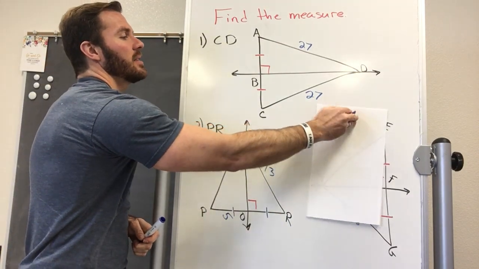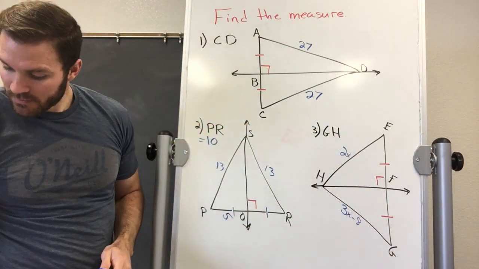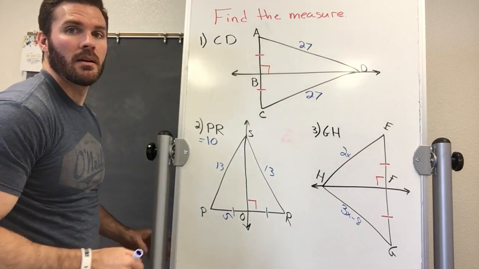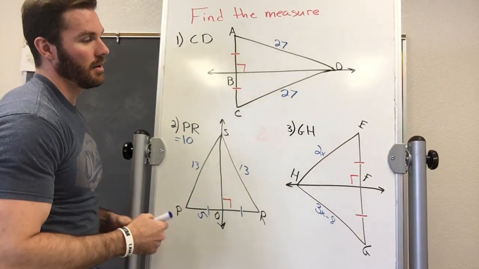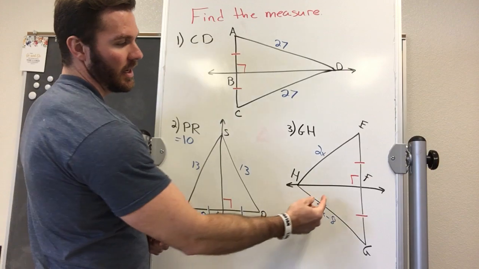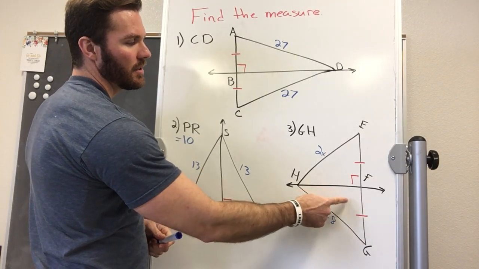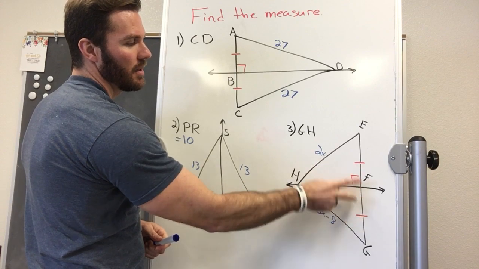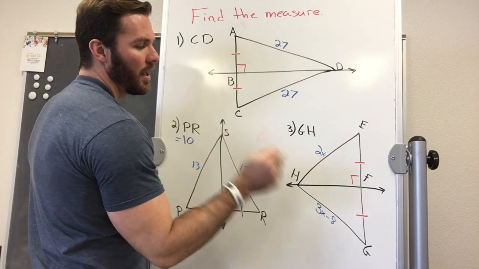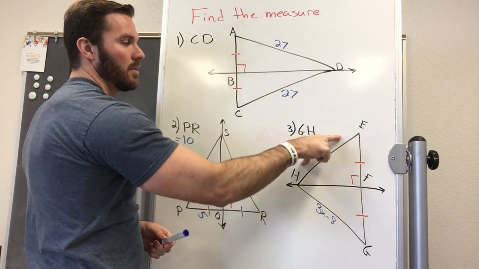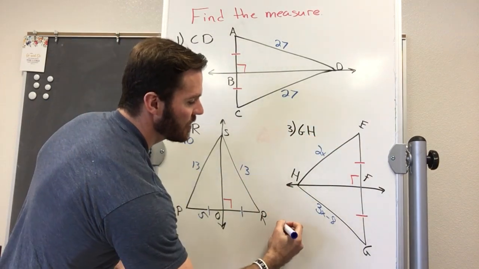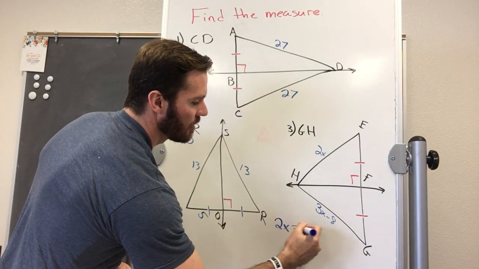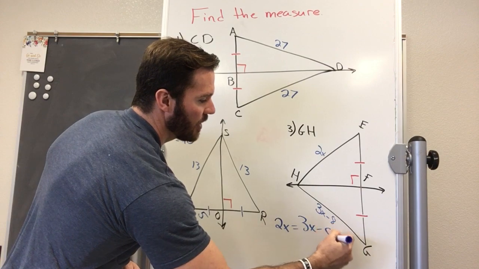And then the third example. Once again, perpendicular bisector, because it bisected EG into two equal parts. It's perpendicular, so this length is going to be equal to this length. So let's set those equal to each other. Now we have an equation.